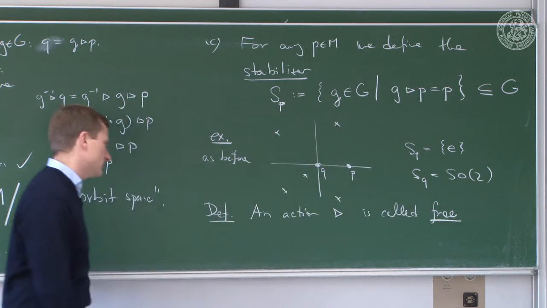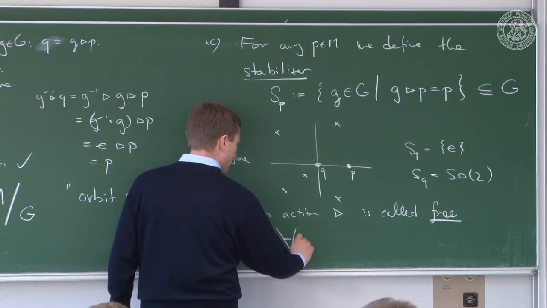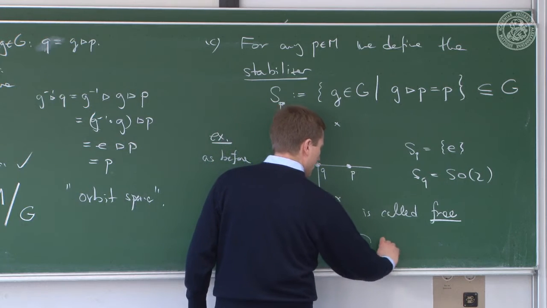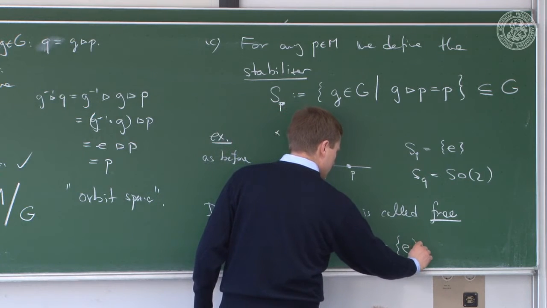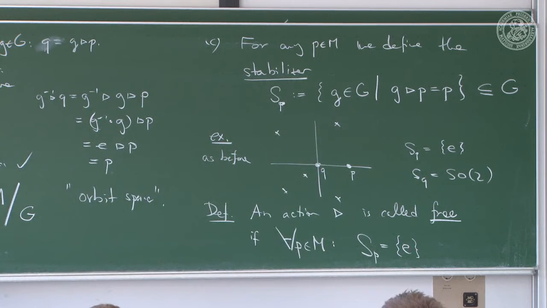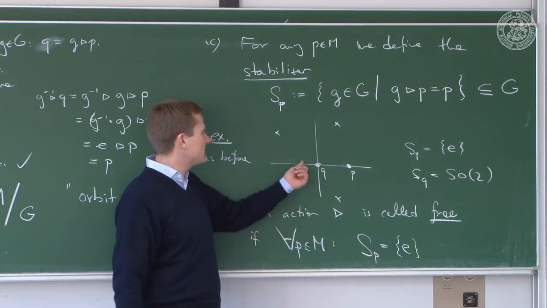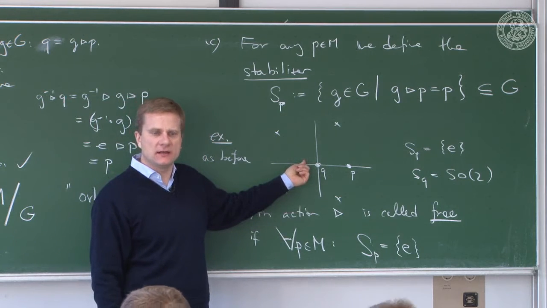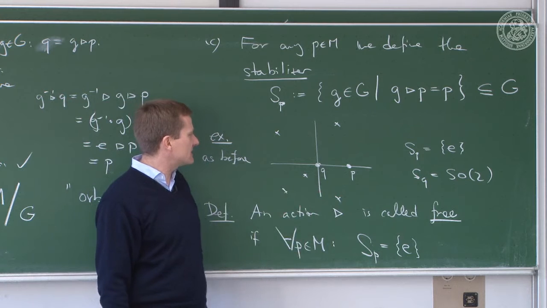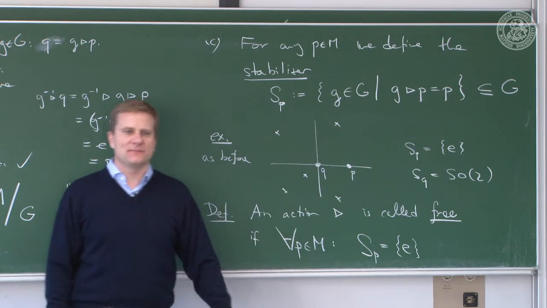It's a free action if separately for every point the stabilizer at that point just consists of the identity. So obviously this SO2 action here is not a free action. A free action is such that every point is stabilized only by the identity.